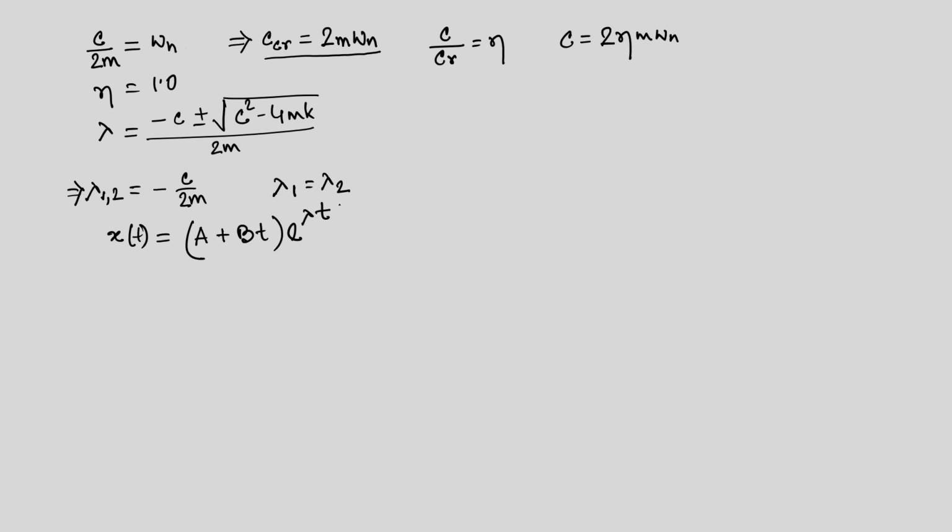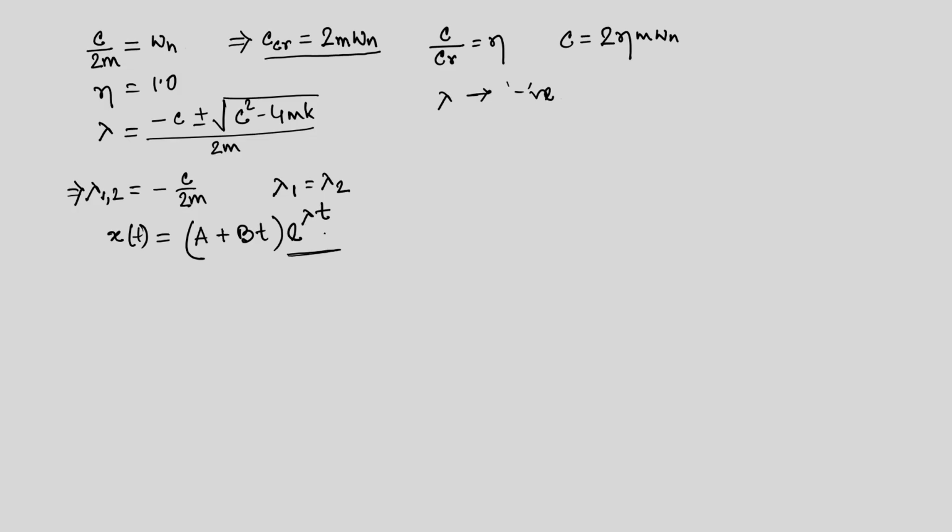Obviously, because lambda in this case is negative, on the right hand side we can identify we have an exponentially decaying term. So, as t increases, in this bracketed term we have a constant A plus B t, but it is modulated by this exponentially decaying term.